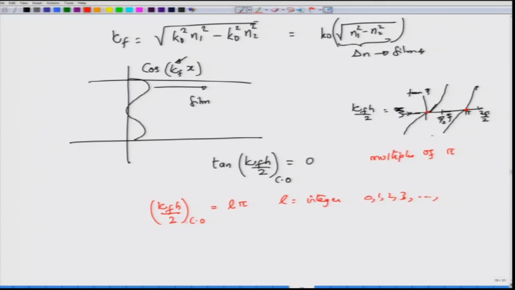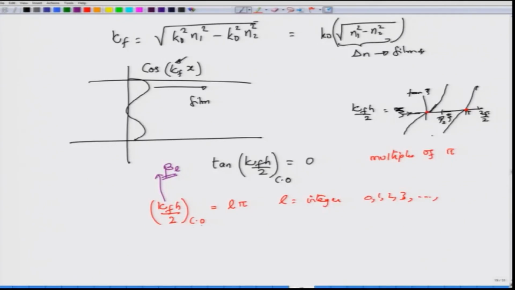So, I am now looking at this condition, and all I have found is that if I start giving different values of L, then I will actually obtain different values of kappa f. But getting kappa f is not really my goal. From kappa f I need to extract the value of beta, because beta corresponding to that particular L will be the propagation constant, which is actually the important parameter for us, because that will tell us how the wave is actually propagating along the film.